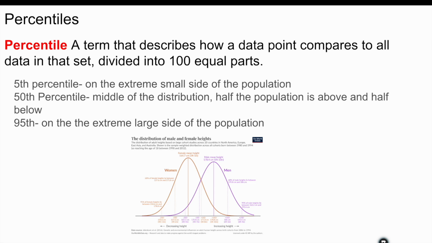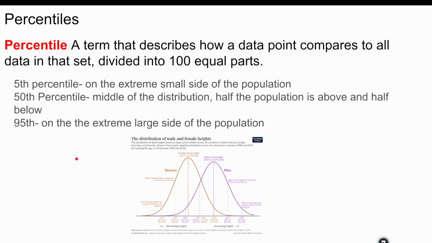Percentile is a term that describes how a data point compares to all data in that set, and it's divided into 100 equal parts. The 5th percentile is on the extreme small side of the population, and so basically it would mean that 95% of the population is, say, in this case, taller than the 5th percentile.